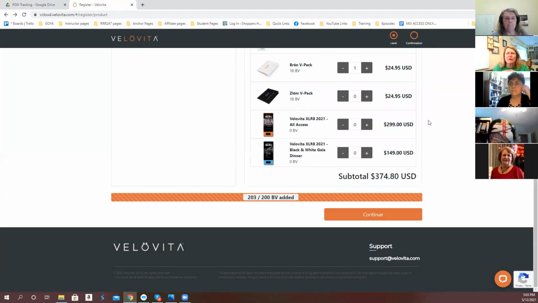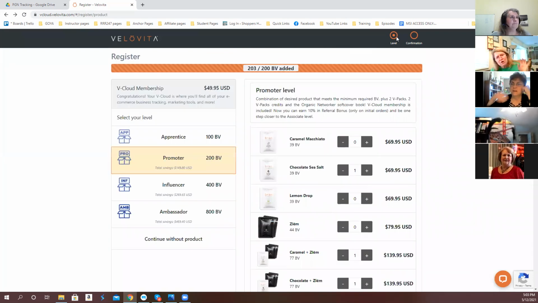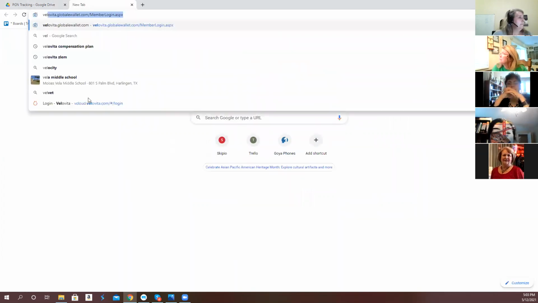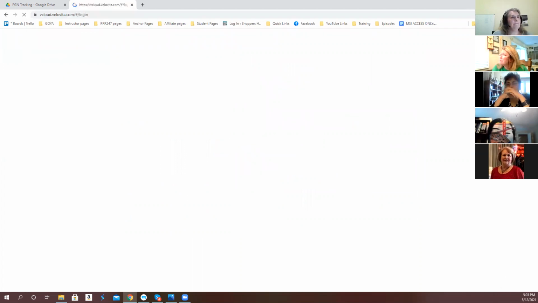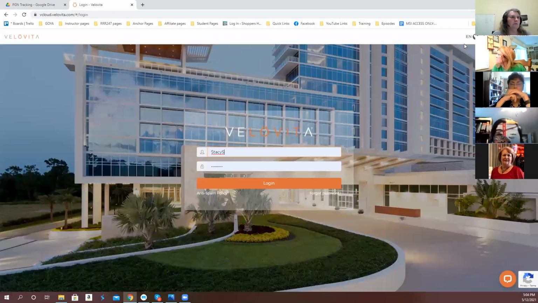When you first go in at the beginning, you don't go into your dashboard. It's before you get to that screen, when you first log in and do the join now.